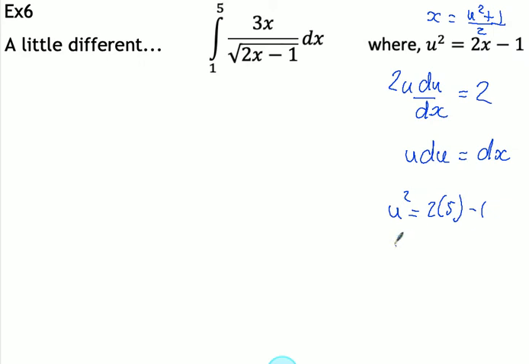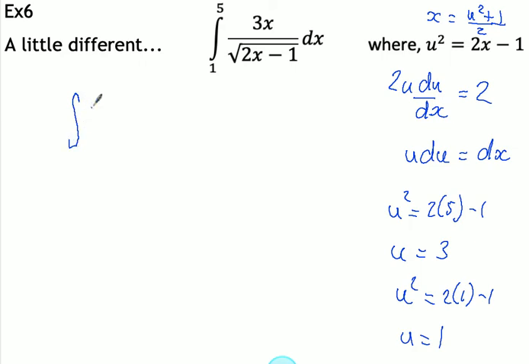Okay, so I tend to use the positive roots just because it's easier to work with for me. If you chose the negative roots, absolutely fine. You'll just end up with a negative answer, but the same magnitude. Okay, so my limits are now 3 and 1, or negative 3 and negative 1.